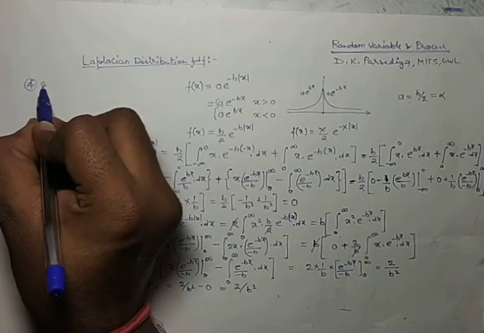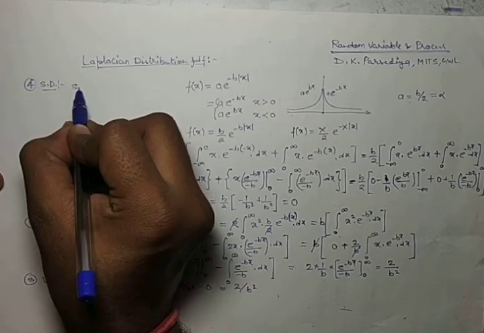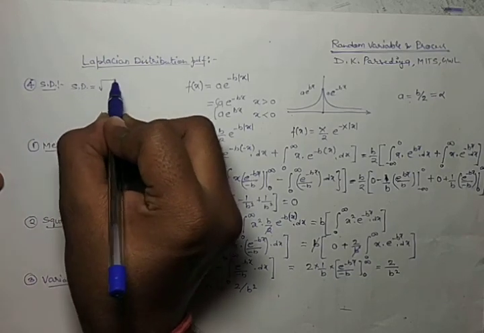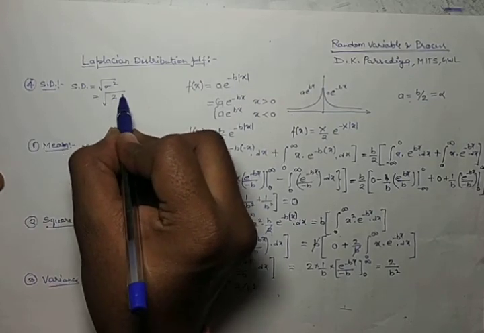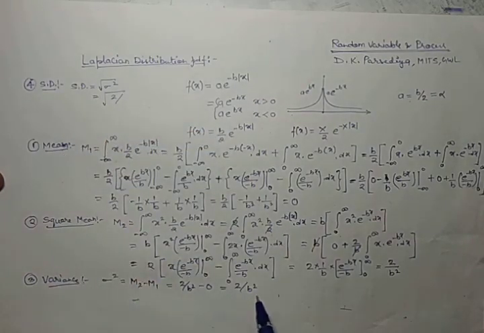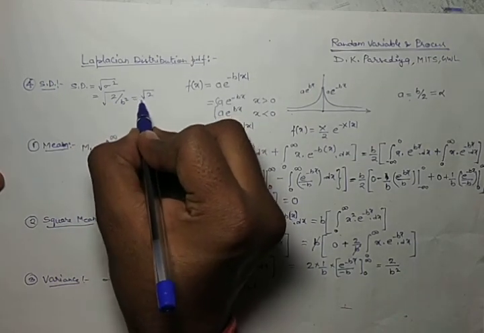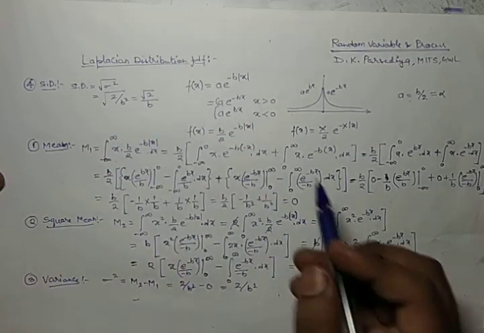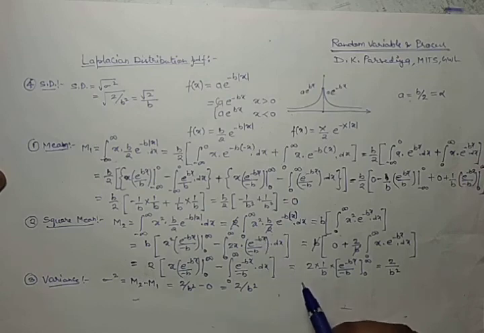Standard deviation is the square root of variance, so that is the square root of 2 upon b square, so this will give you root 2 by b. So this is all about the statistical average quantities for the Laplacian distribution function.